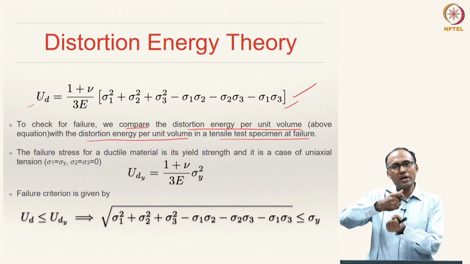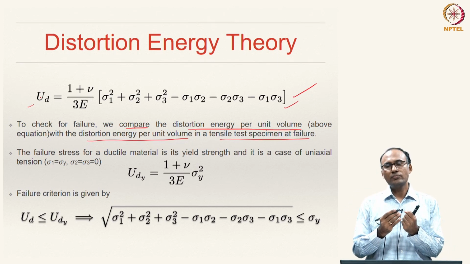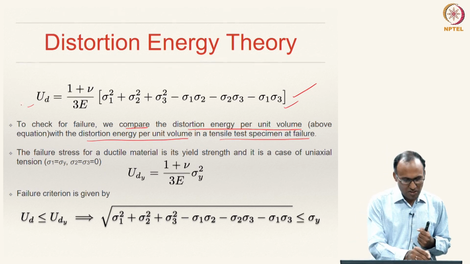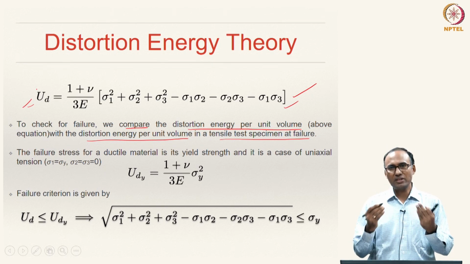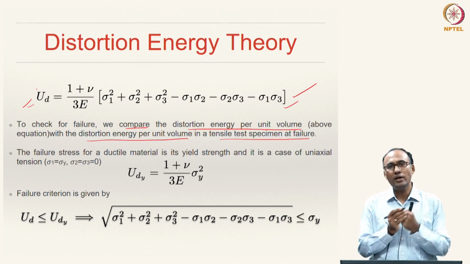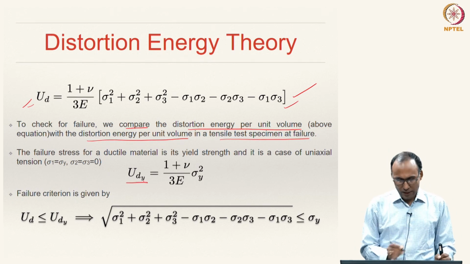So, when you are talking about the uniaxial tension test, you can clearly say that sigma 1 is non-zero and sigma 2, sigma 3 are zeros. So, in this expression, if you put sigma 2 and sigma 3 as 0 and sigma 1 equal to sigma y, because that is the distortion energy stored at the yielding of the uniaxial tension specimen, then you will get U_dy.